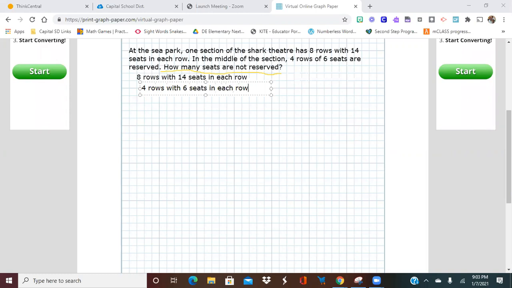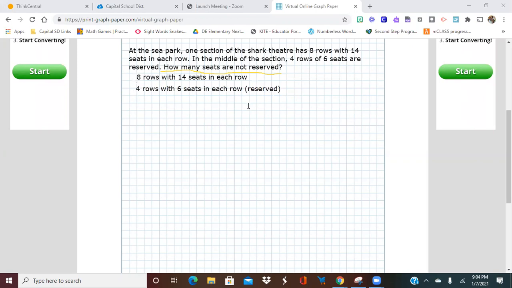And this is the row that is reserved. Okay. So that's the information that I know. So now let's think about how we can solve this problem and find out how many seats are not reserved, because those sections are in the middle, okay?